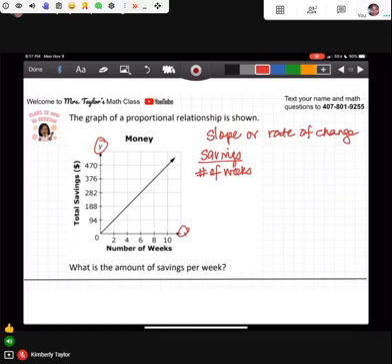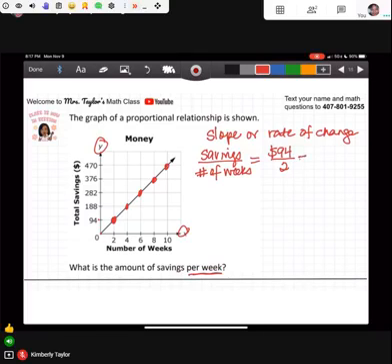So in this case, if I'm looking here, I see that we got this ordered pair here, and here, and here, and here, and so on and so forth. But what does this mean? This means that I have $94 saved in 2 weeks. But they want to know what it is in 1 week. That's what the per week means, for 1 week.